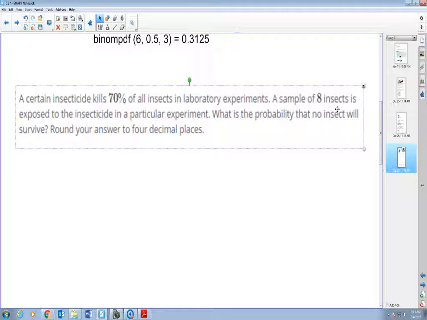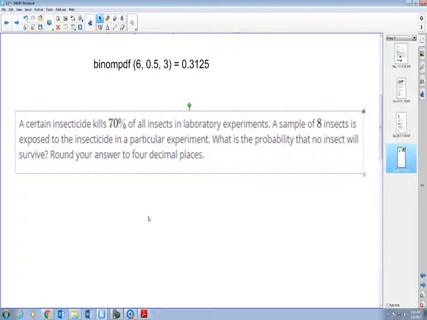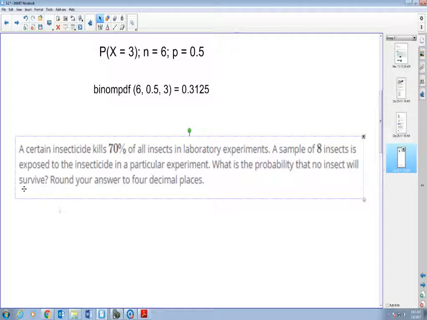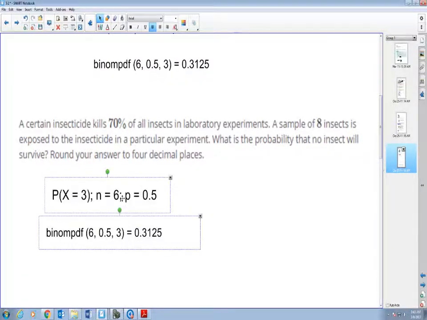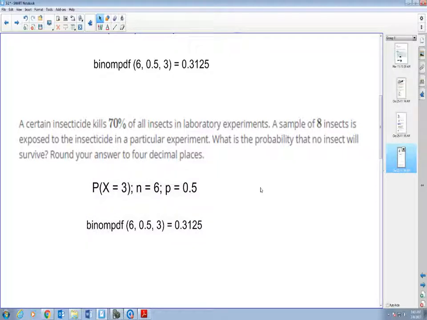So let's say a sample of 8 insects is exposed in a particular experiment. What's the probability that no insect will survive? No insect will survive means all 8 of them die. PDF or CDF?